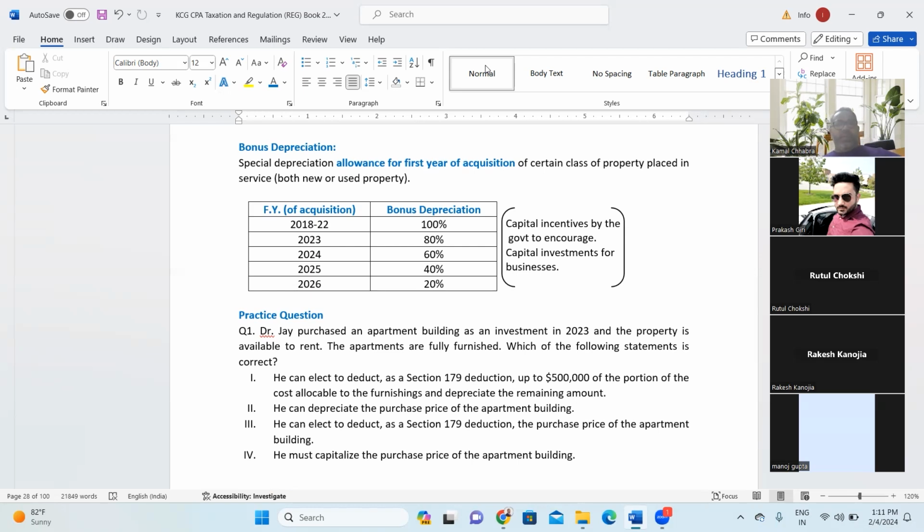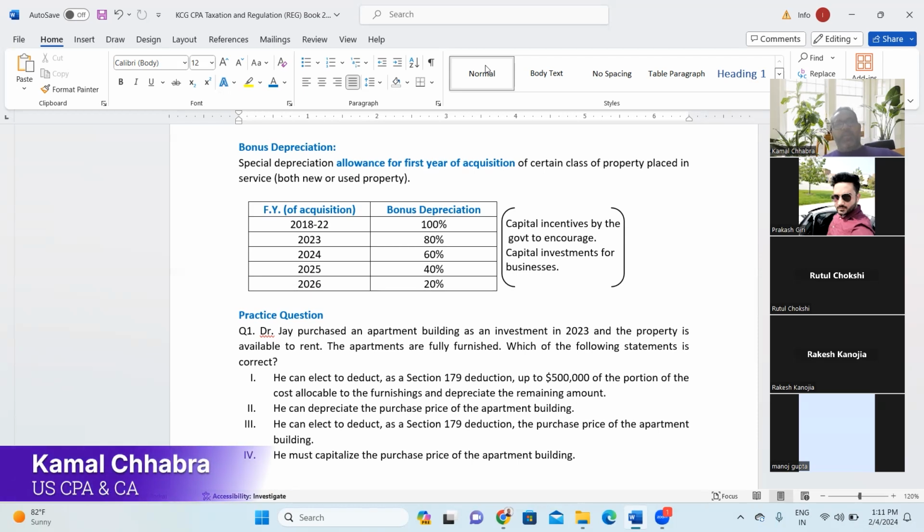Okay, so no worries. Let's go through it again. J purchased an apartment building as an investment in 2023 and the property is available to rent, that is, used for trade and business. The apartment is fully furnished. Which of the following statements is correct? The third is he can elect to deduct a section 179 deduction.